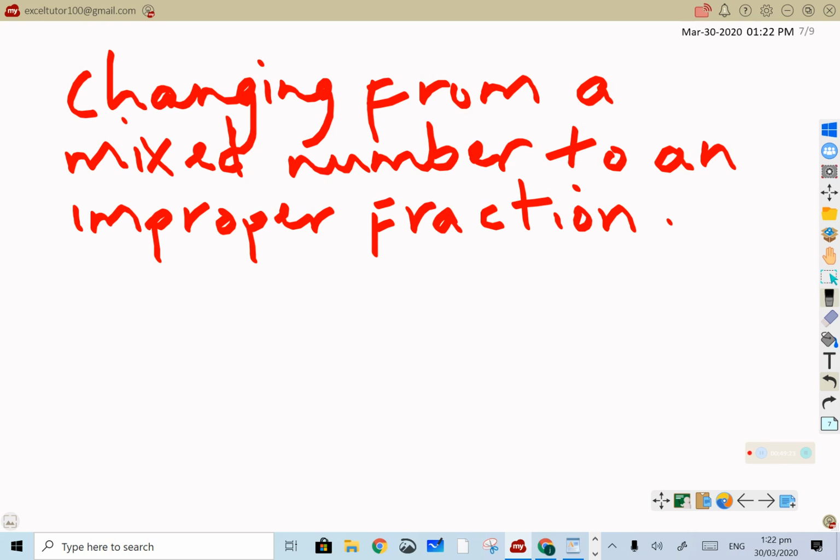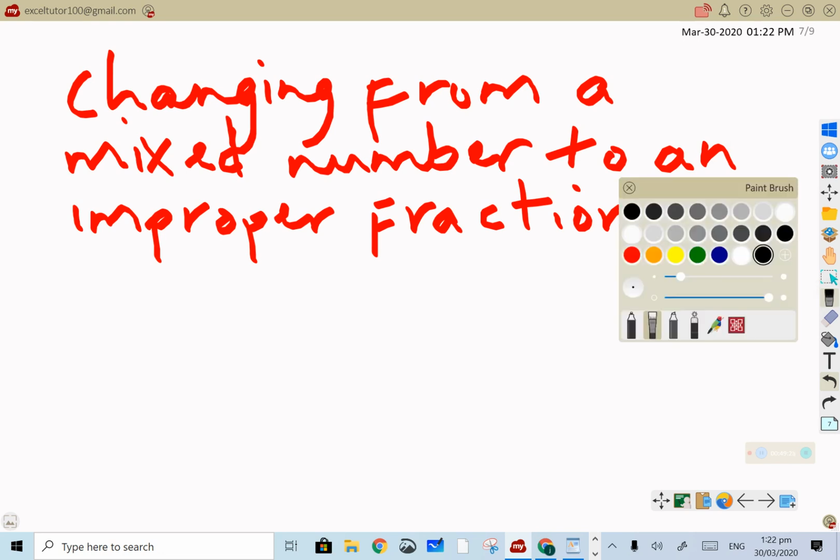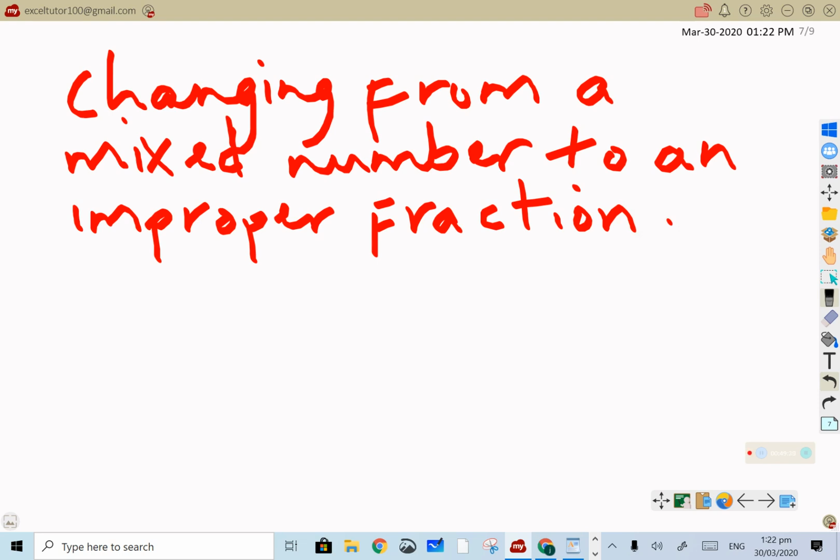All right, so we're changing from a mixed number, so we have 1 and 1 over 2. We're taking a simple one. So first we multiply and then we add. 1 times 2 is 2, add 1 is 3.